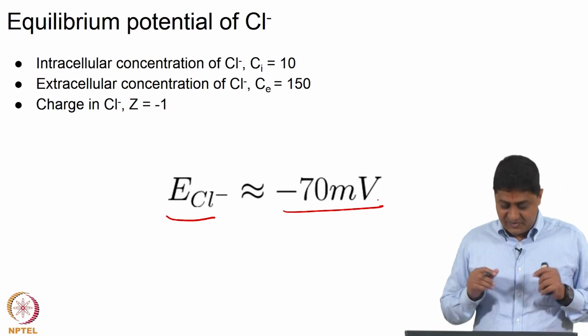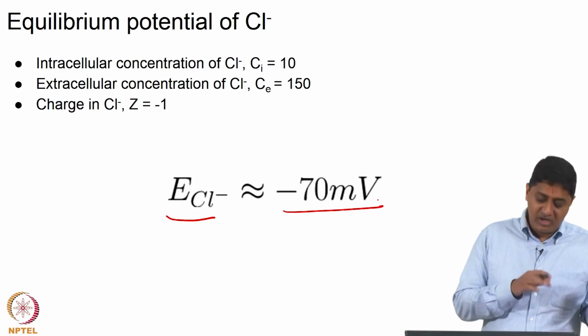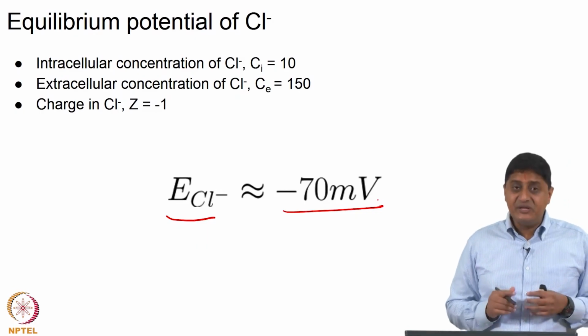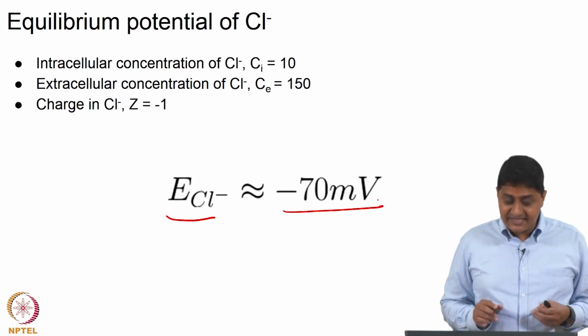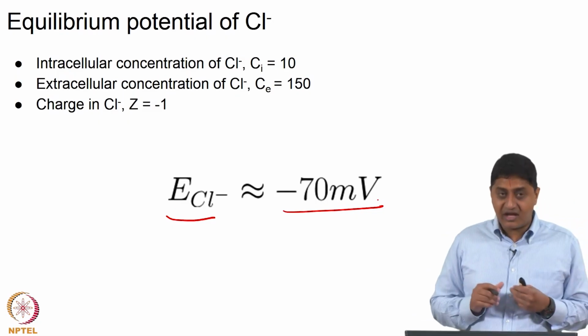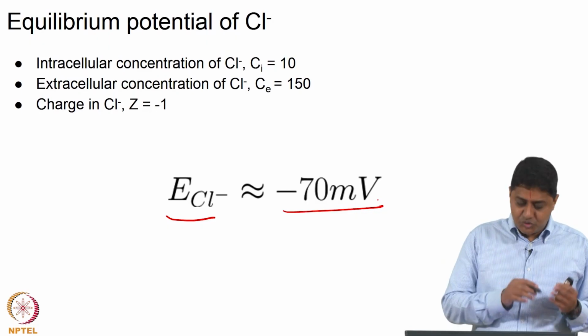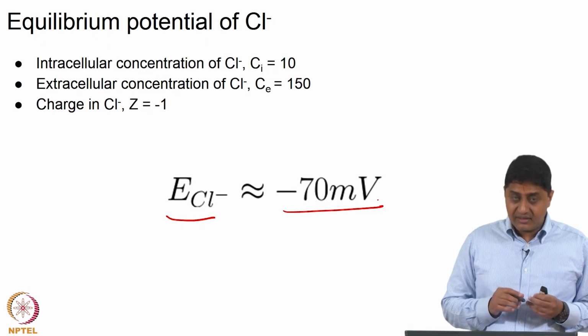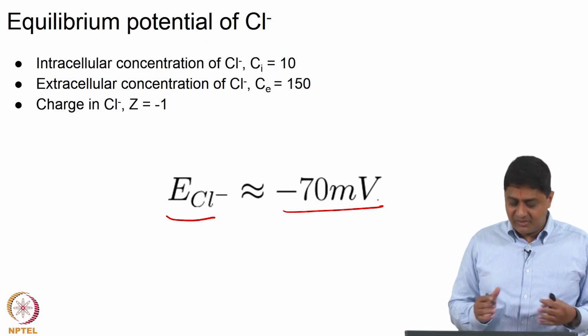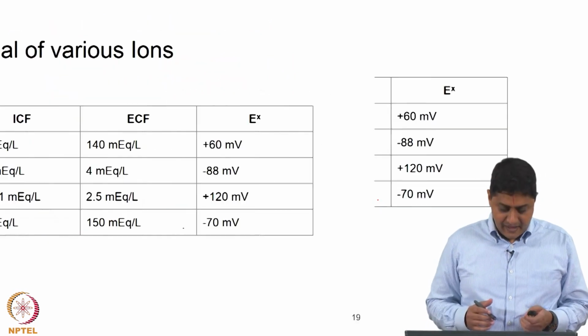So it can be lazy, or the net movement of ions across the membrane will be 0, right. So this is ideally where the chloride ion would like to be, but once again the difference between the actual potential and the equilibrium potential will determine the movement, okay.